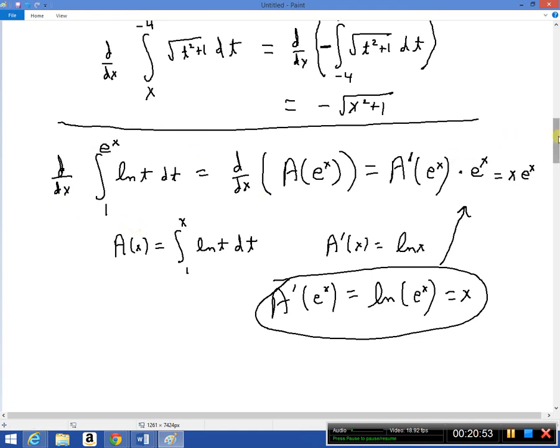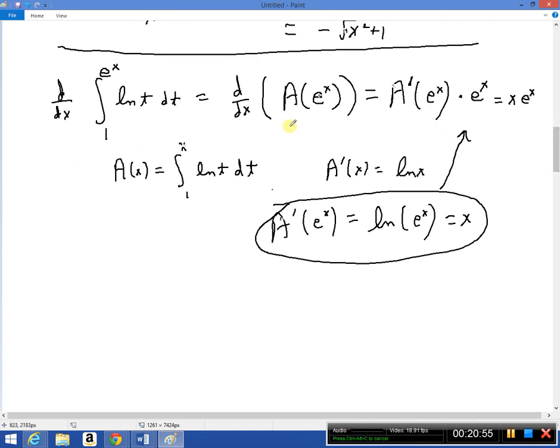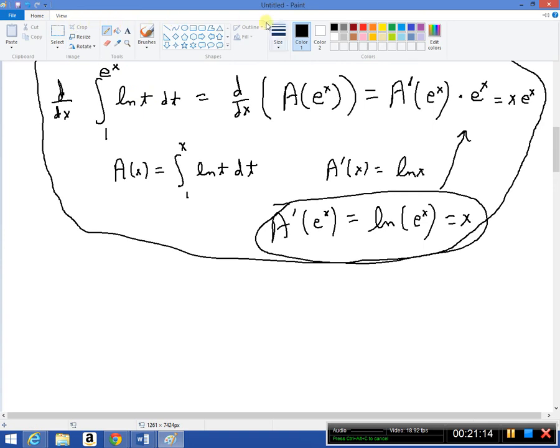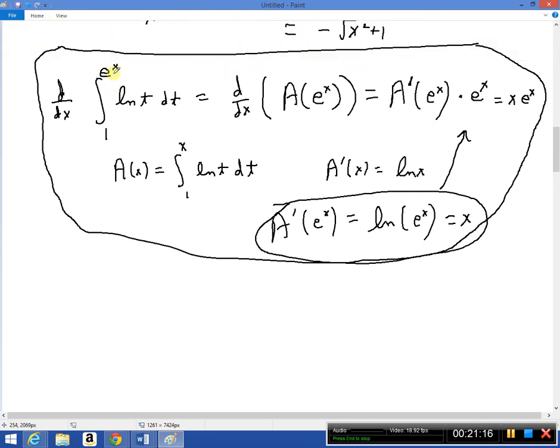Okay, one more time, because this is on the quiz for sure. Guaranteed. This problem is on the quiz for Friday. So what happened? We're taking the derivative of something that looks like an area function, but it's more complicated because up here, instead of having x, we have e to the x.